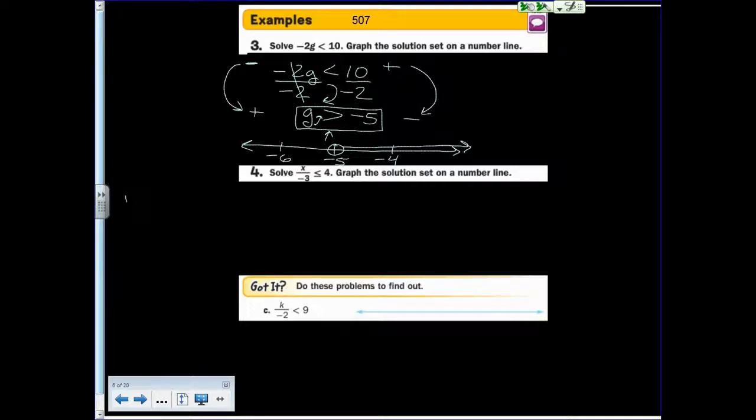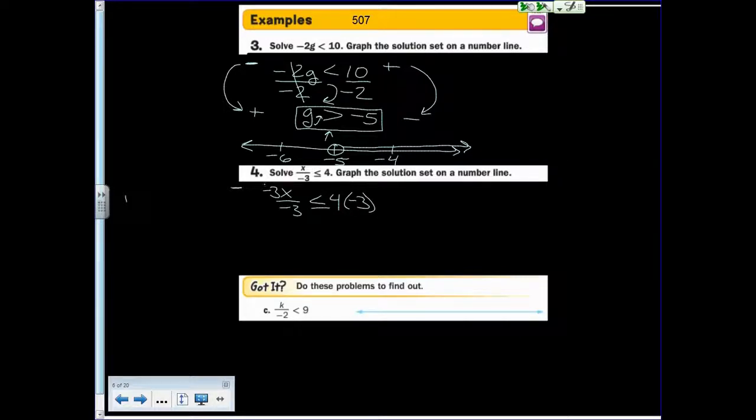Take a look at example number 4. x divided by negative 3 is less than or equal to 4. Since x is being divided by negative 3, it is considered to have a negative coefficient. So we are going to multiply by negative 3 on both sides to get rid of dividing by negative 3.